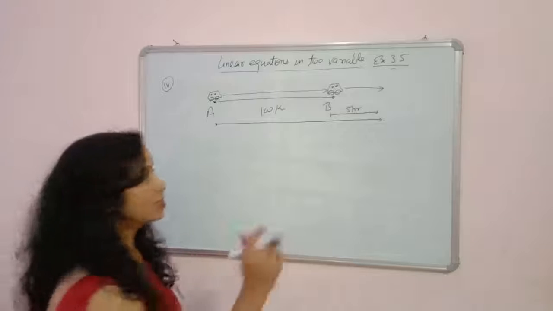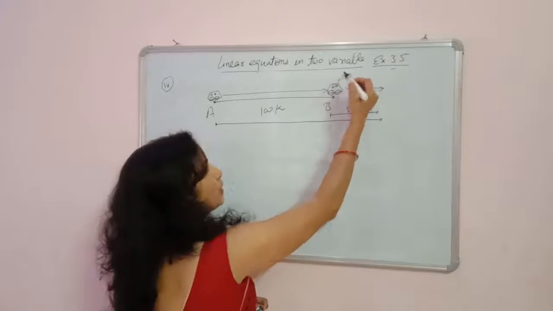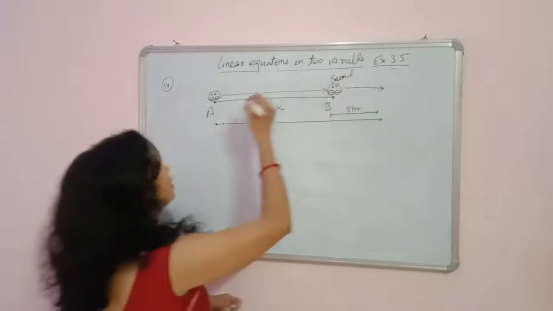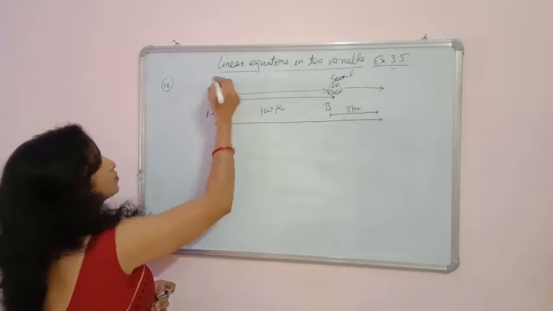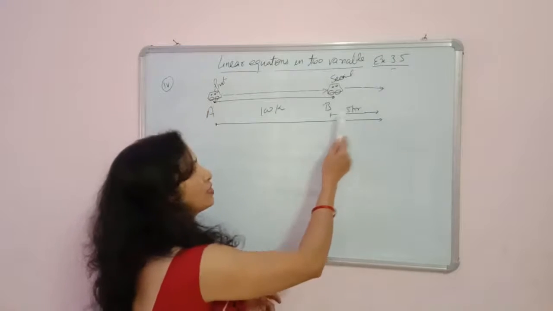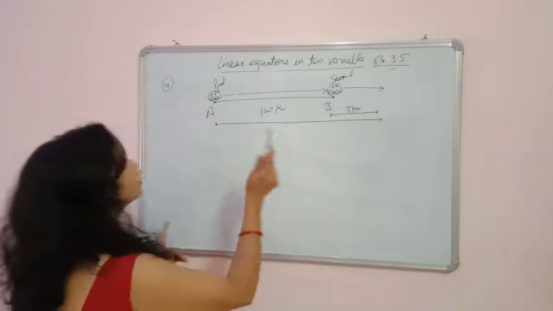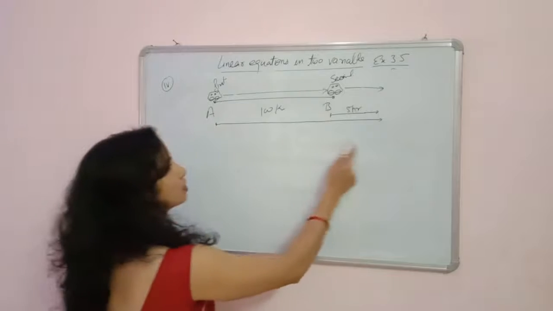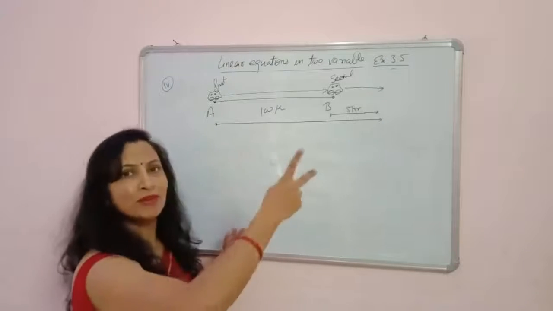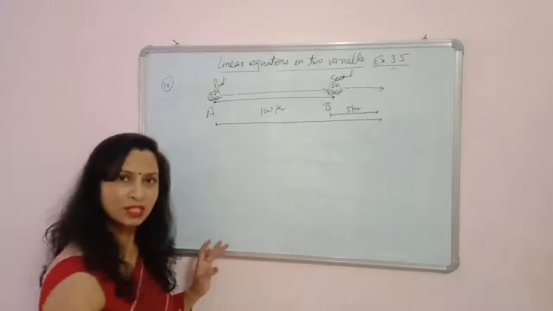Suppose I am writing it as the second car, the one starting from point B, and this is the first car. So the distance covered by the second car in 5 hours is this one and the distance covered by the first car in 5 hours is this one. So it means the difference of the distances covered by both cars is 100 km.